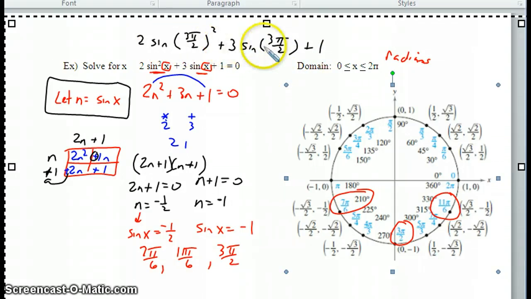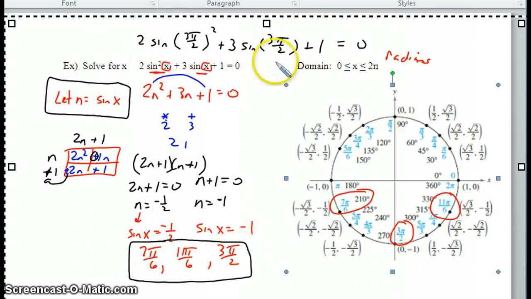If you type all of that into your calculator, you should get it to equal 0. Do the same for the other two angles as well. Check them all out. They do check out as long as your calculator is in radian mode. Again, the reason I don't have to put plus n 2 pi with all of these is because of my domain. It just asks for one time around the unit circle.